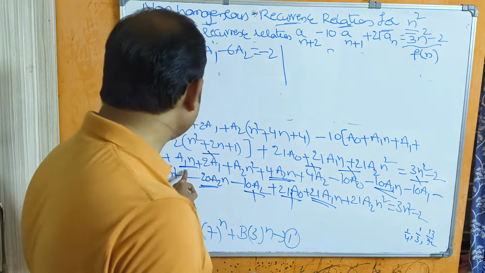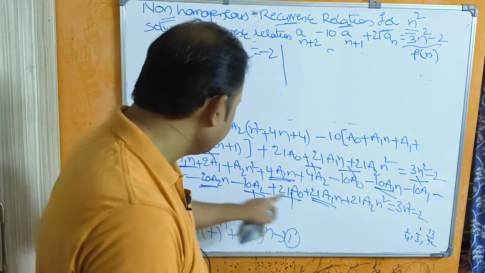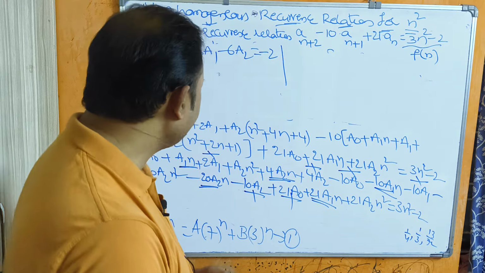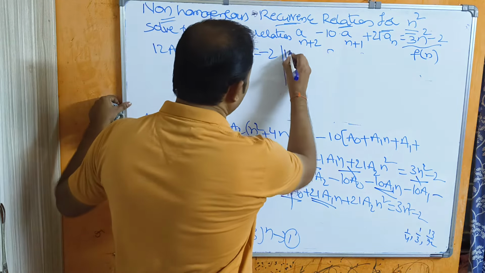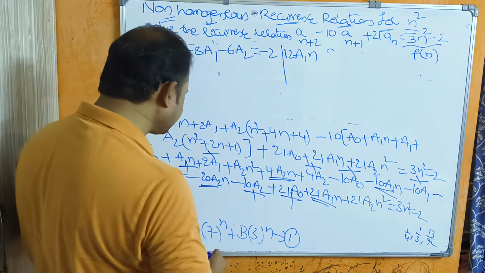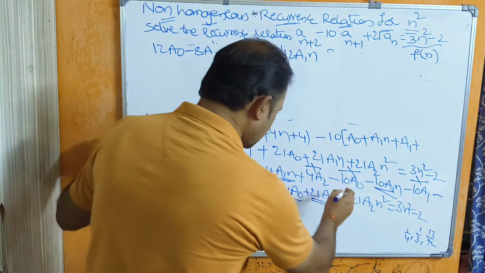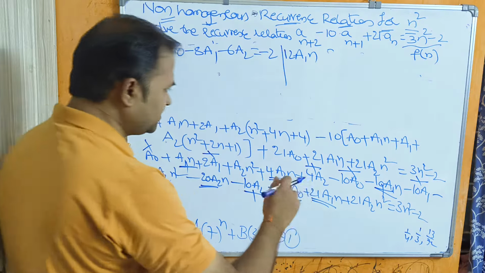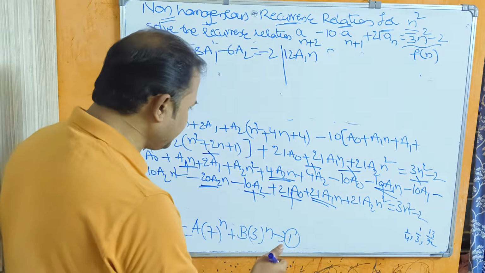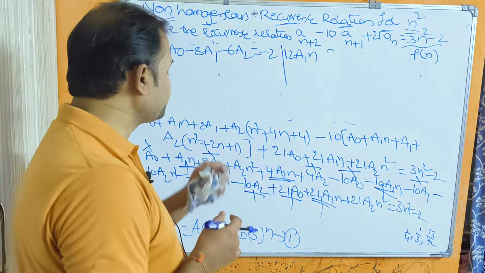So minus 10 plus 1 means minus 9. Here we have 21. So 21 minus 9 means 12. So 12a1 n. So this a1 n is covered.